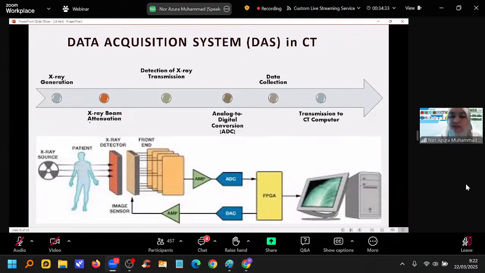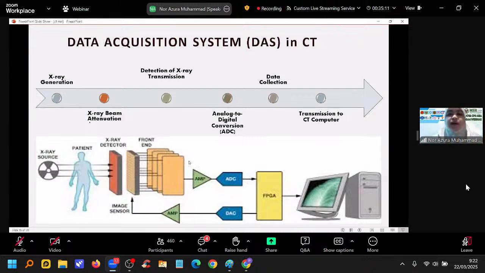The DAS takes these signals, amplifies them, cleans them up, and converts them from analog, or continuous, signals into digital data, from the continuous signal into numbers. This digital data is then sent to the CT computer for image processing. In short, DAS plays a crucial role in capturing, processing, and transferring accurate information quickly and efficiently so that high quality CT images can be formed.